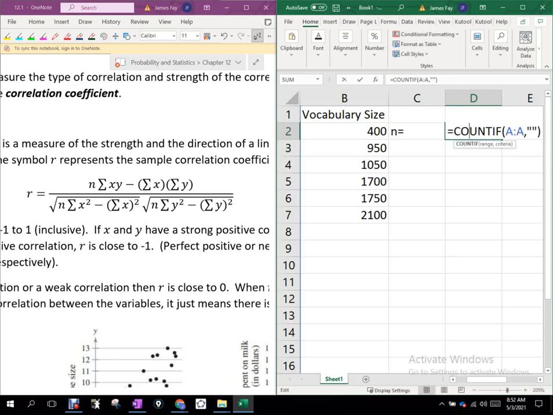And that's not it. Let's see here. It has to be like this.